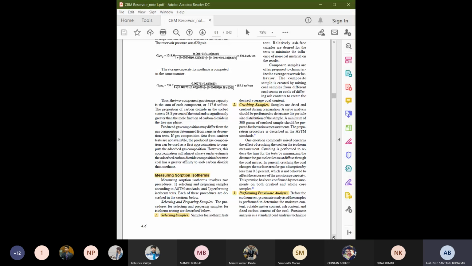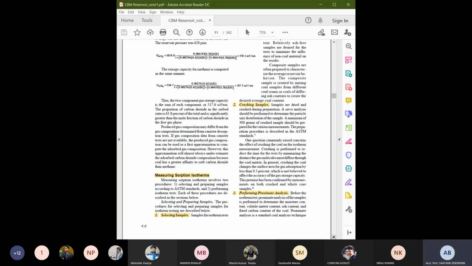So if you collect that sample and take it for laboratory analysis for isotherm testing, you will not be able to get the true result of the in situ gas in place or the gas storage capacity. Okay, so whenever you collect a sample from the mines, you have to collect it not from the open surface heaps, but from the actual production phase.